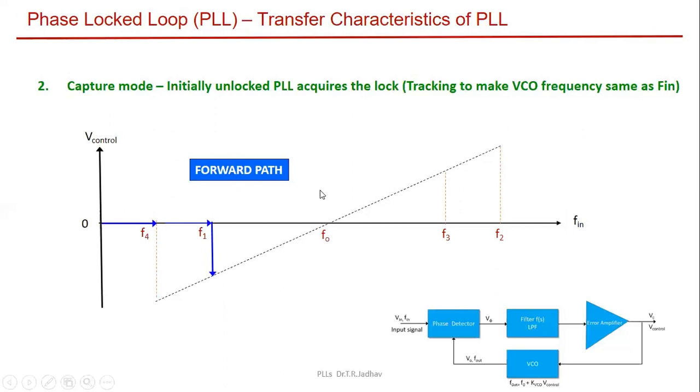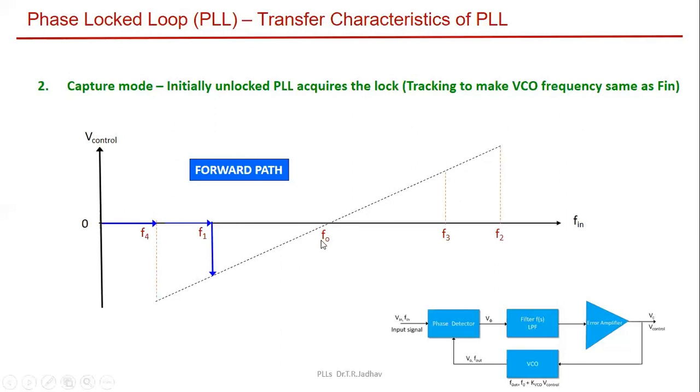Immediately it responds to the input signal, and as you see, the input frequency is much smaller than F out. So this difference is negative, and that's why the control voltage is negative and it is higher. After this, if I continue to increase F in, the difference between F in and F out is continuously going to be small.